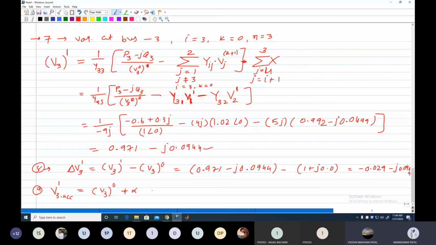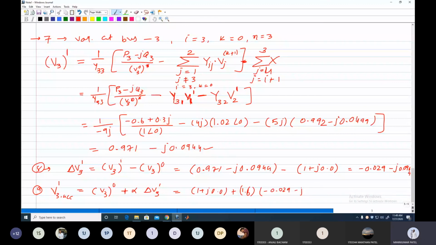Very good. Clear? So if you substitute, just write down the value: 1 plus j0, alpha is 1.6, and delta V3 which you have derived is minus 0.029 minus j 0.0944.